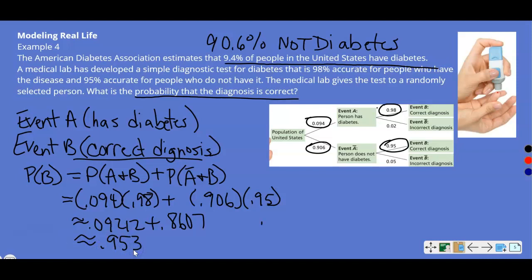So that's about 95.3%. So the probability that a diagnosis is correct, whether it's a person with diabetes or not, we're just looking for a correct diagnosis, is about 95.3%.